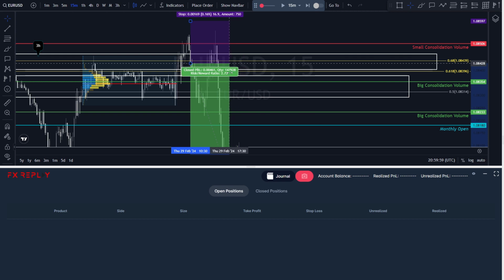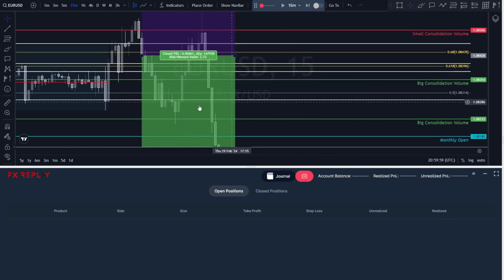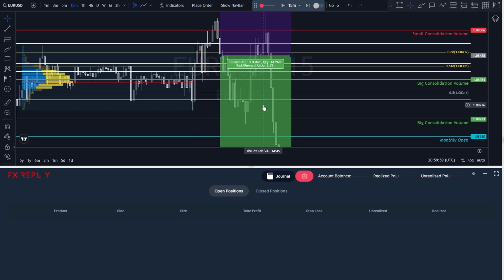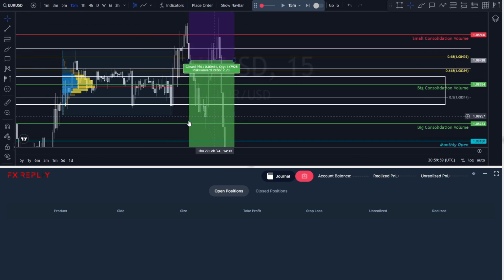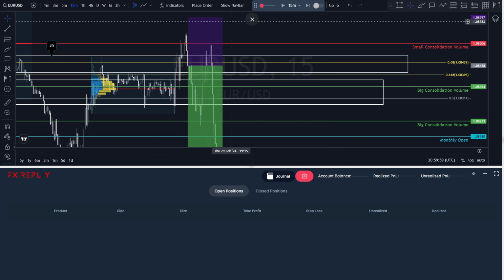And oh my god, what did my ass do after my first TP was hit? Yeah, right, I didn't think about it and just did the usual, which was after first TP hit, move the stop loss to break even. However, after a distribution, usually it doesn't suddenly spike into the opposite direction.